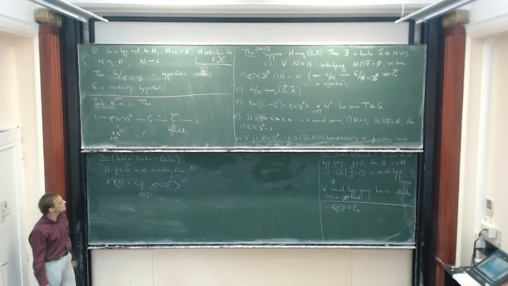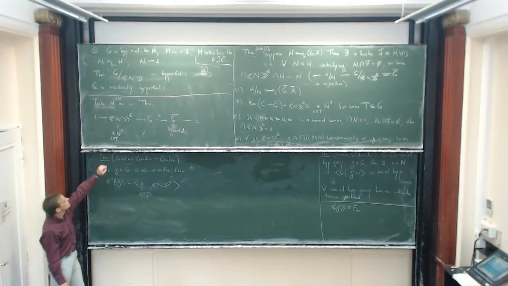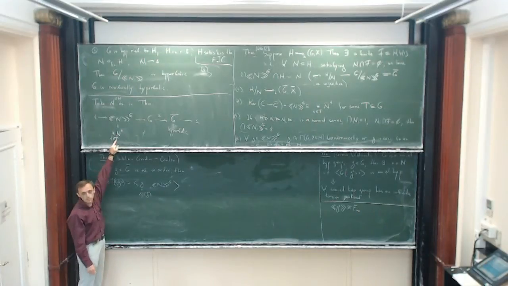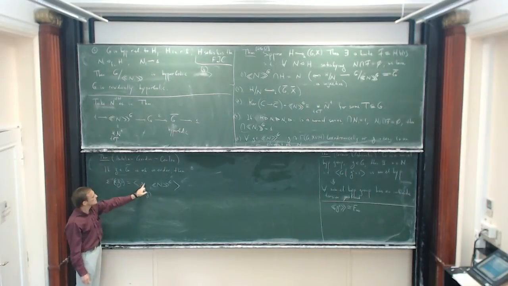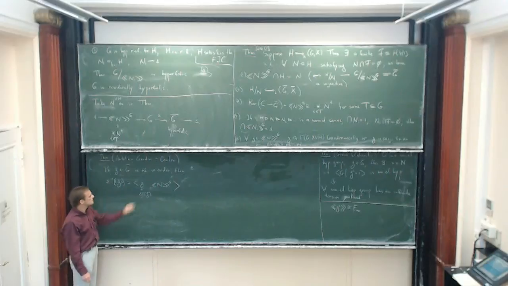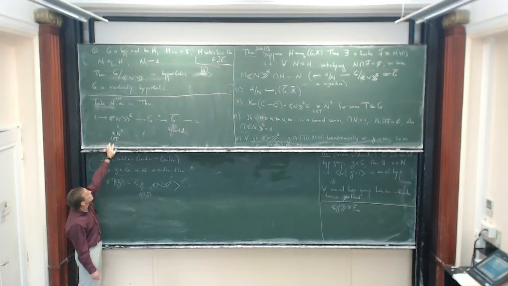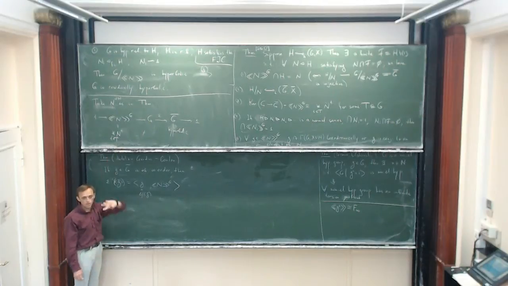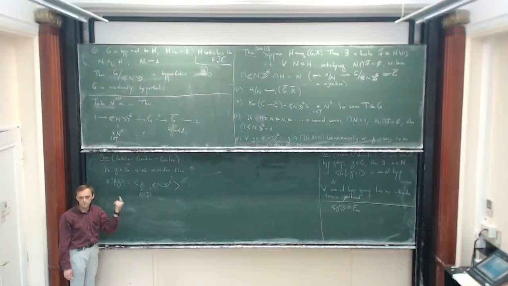It's the free product. Now it turns out that you can choose this transversal in such a way that this element G, or more precisely the cyclic subgroup generated by this element G, acts on this free product by permuting the factors. And the action is free.